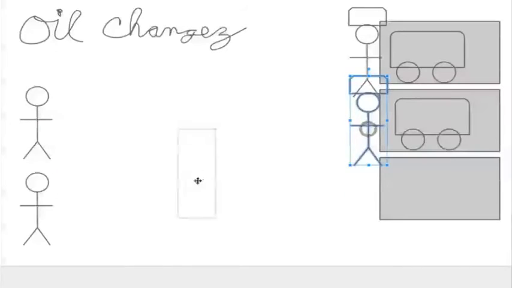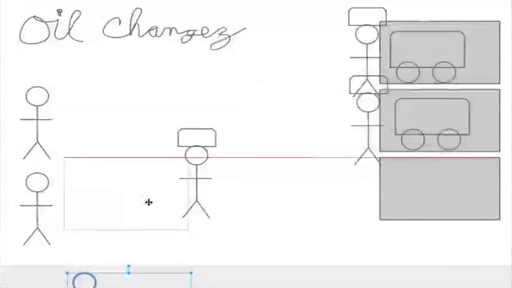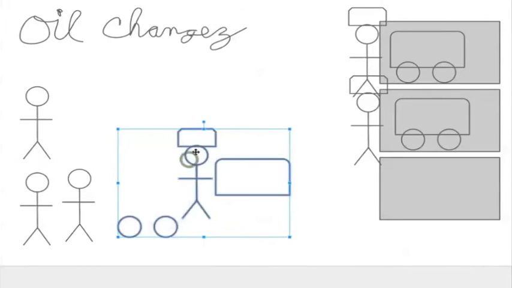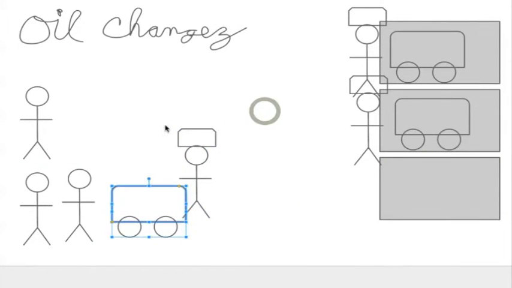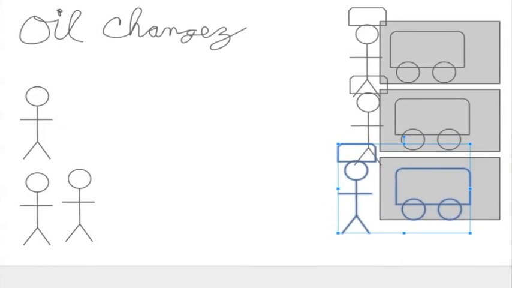And this could of course be extended a little bit further, and we could have a third customer come in, and then with a third attendant, we can see we get a third car being serviced.